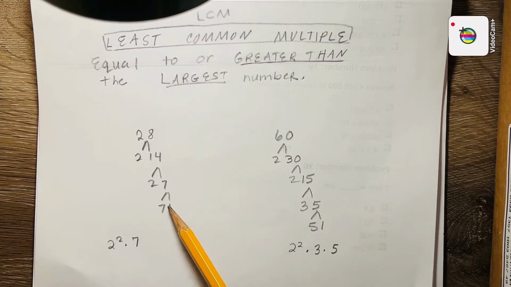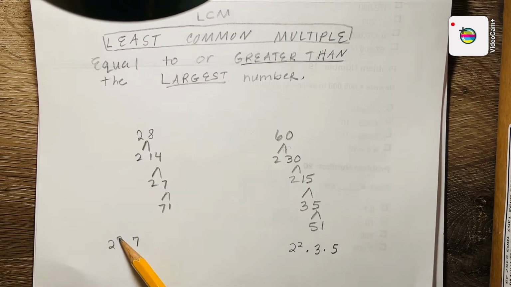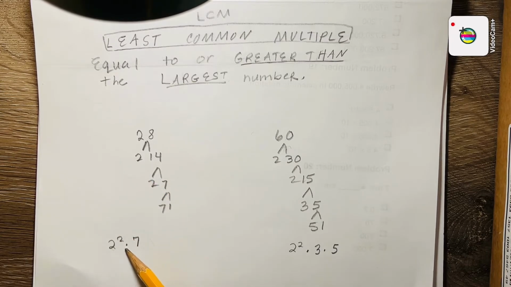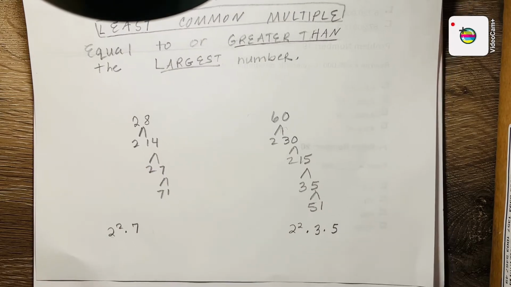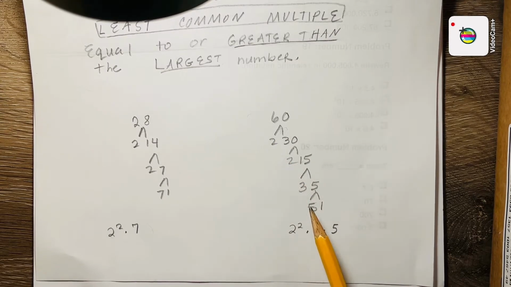For LCMs, I like to do this part where I take the prime numbers and I simplify it. Instead of writing 2 times 2, I write 2 squared times 7, which really didn't save any time. Well, we won't go there. And then over here we have 2 factors of 2, so 2 squared, a 3, and a 5.